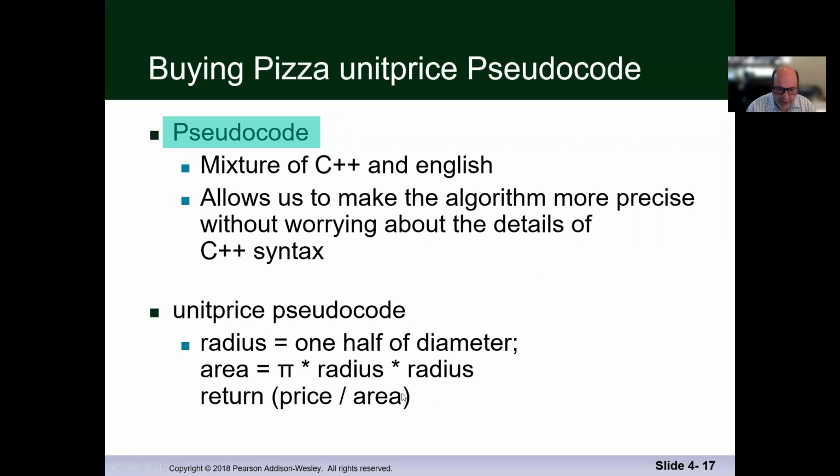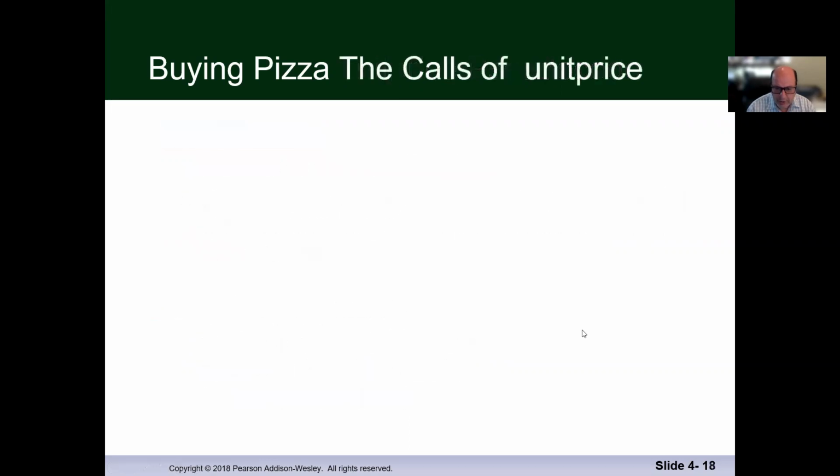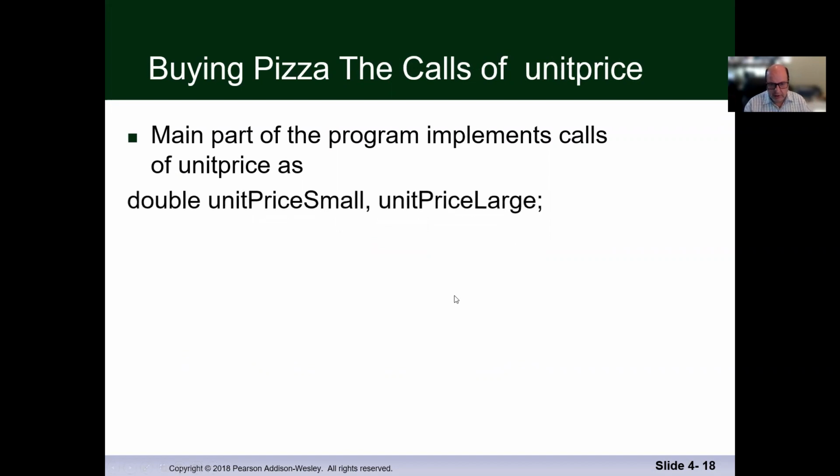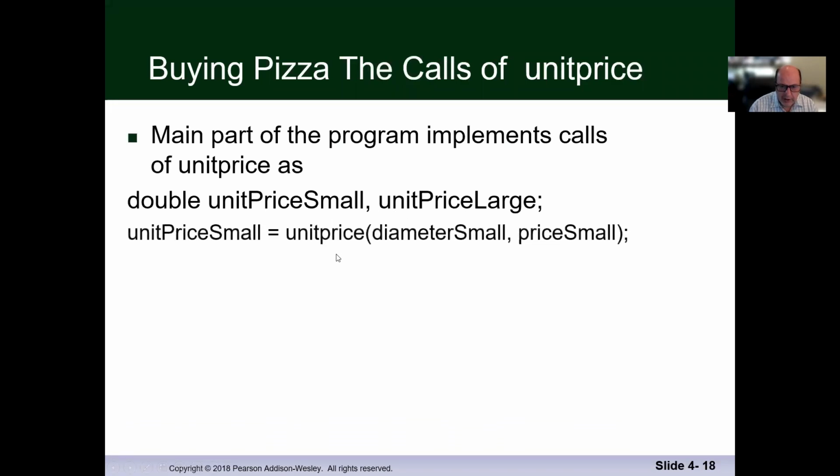Now, when we're done with our design document and we've written all the pseudocode for all the parts, we're going to take that pseudocode and translate it into code. Inside the main, remember we have 3 sections for the function: function declaration, function definition, and function call. So we're going to have the function call inside the main. I have to have some variables, unit price small and unit price large, and then I can call the unit price function with these variables.